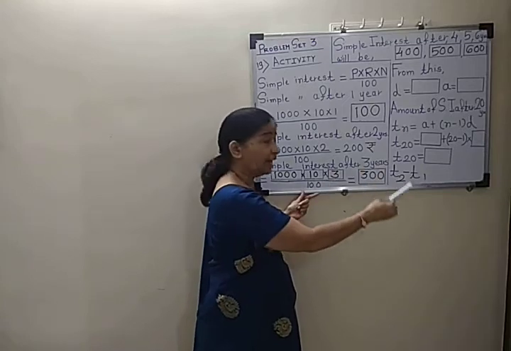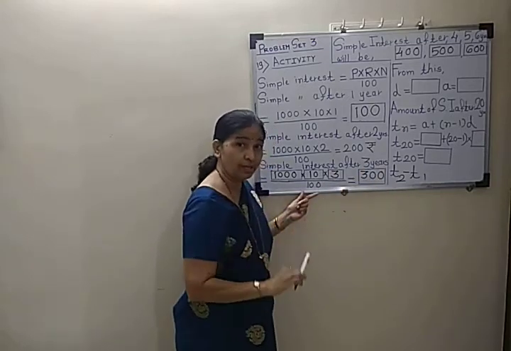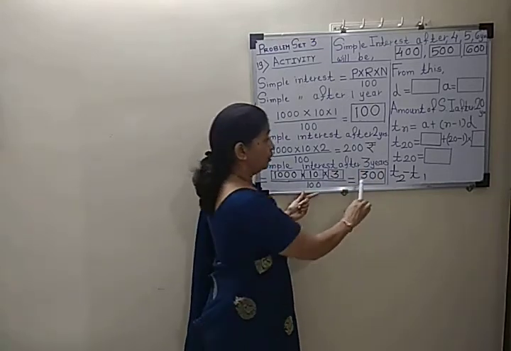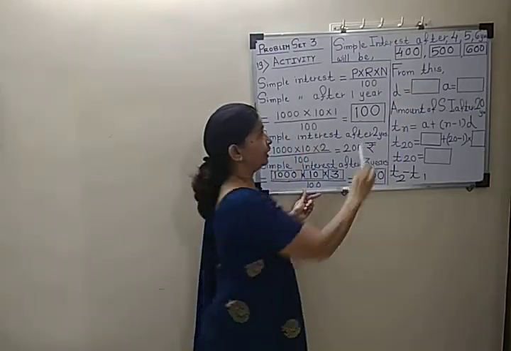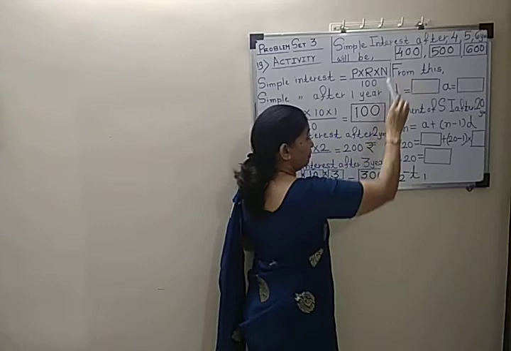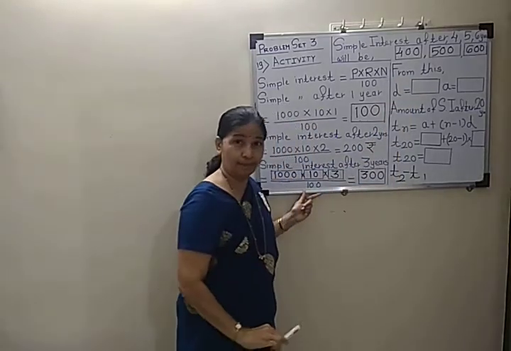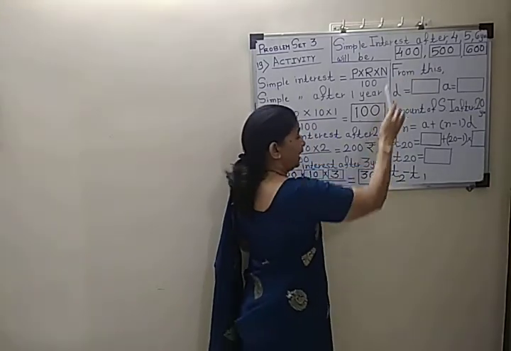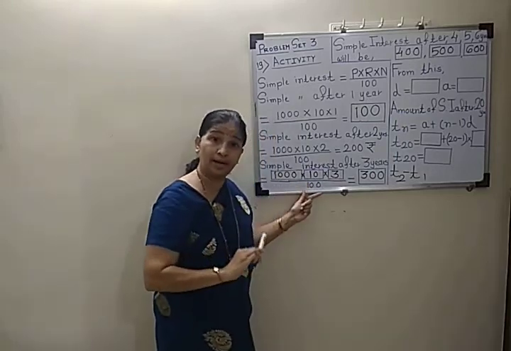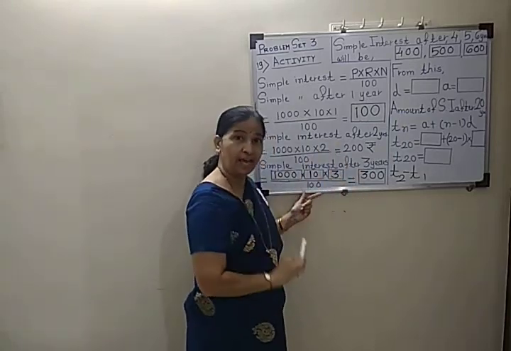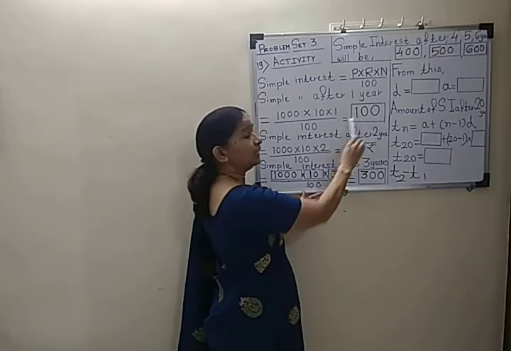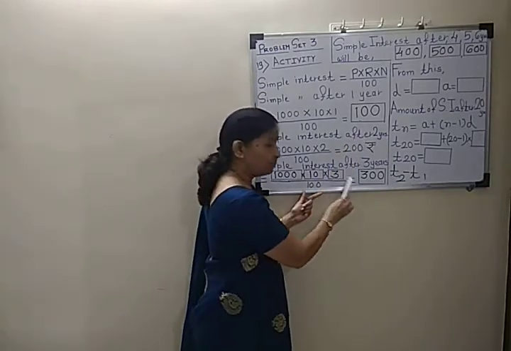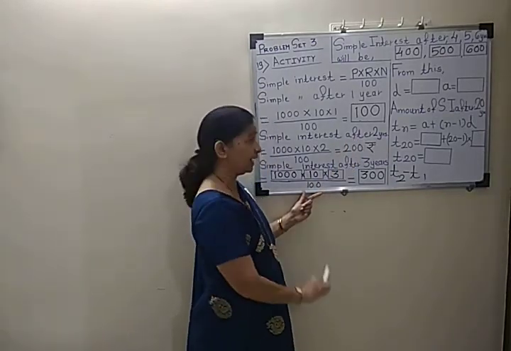Do it again because we are doing it thrice. So this one is our T4. T4 minus T3 means 400 minus 300. It will again come as 100. That means 3 times our difference came as 100.